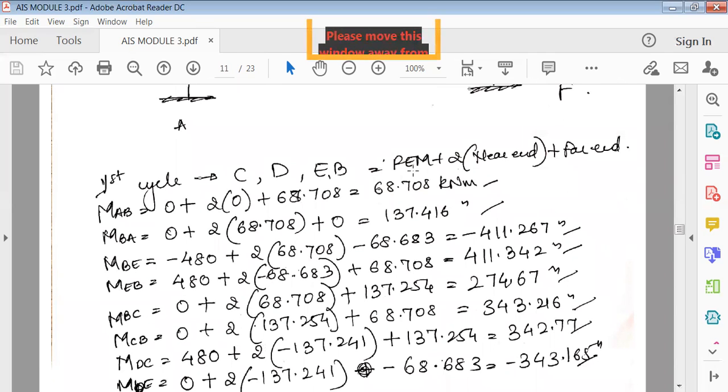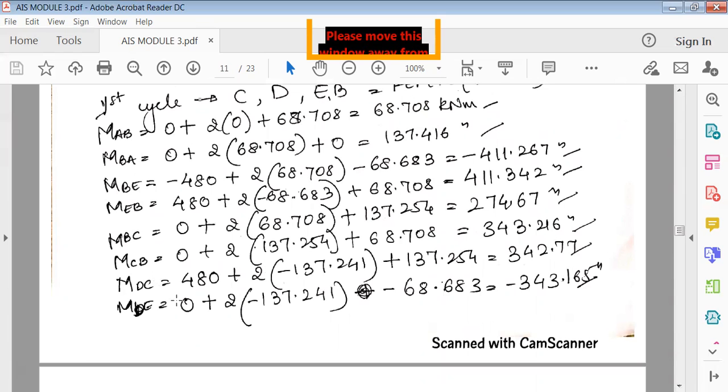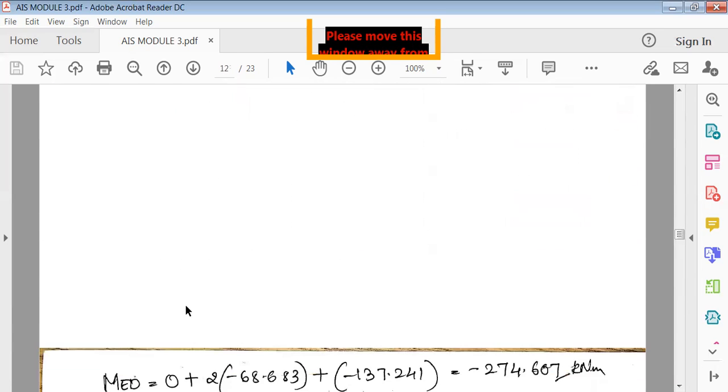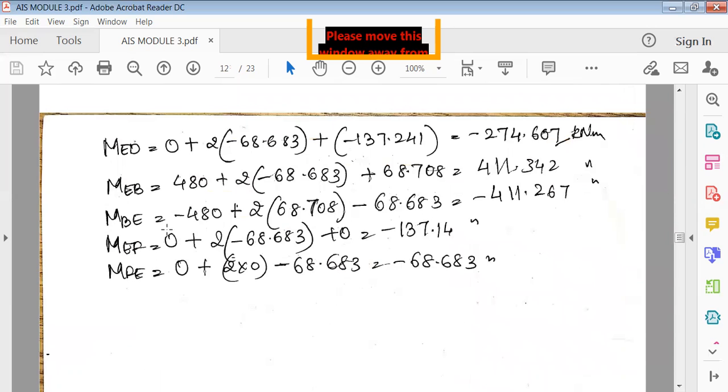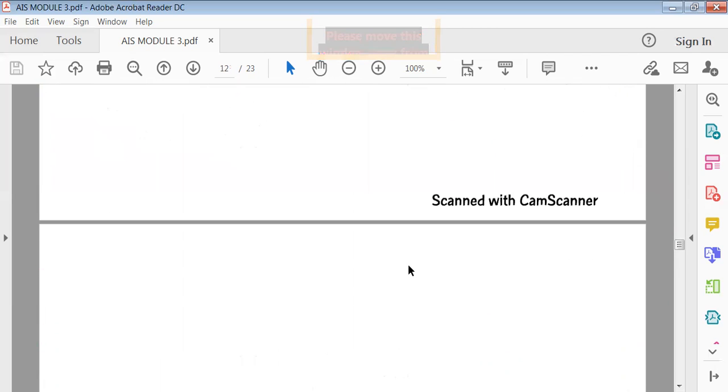The formula remains the same, that is fixed end moments plus 2 times near end plus far end. That's how we get all the moments here. This is how you solve the problem. There are many joints here, so this is how you calculate all of these. So it will be equal and opposite.